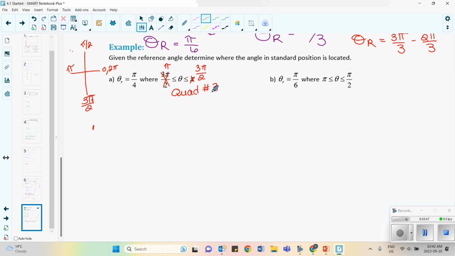All right, I have given you the reference angle. What is the actual angle we're trying to find in quadrant 3? What's the rule for quadrant 3?